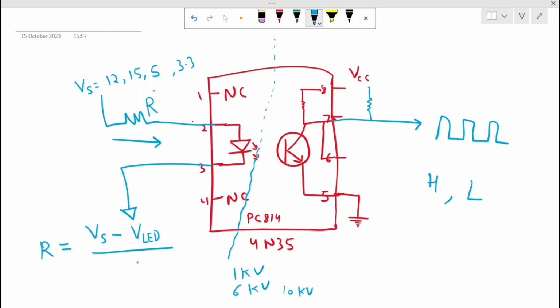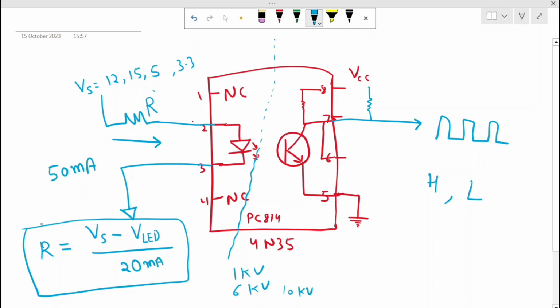The maximum absolute value they have given is 50 milliampere, but you choose 10 milliampere to 20 milliampere, that is sufficient. So you choose 20 milliampere, then calculate the value of the resistance and apply it, and in the same manner you can calculate the power of the resistance also by the I square R formula.